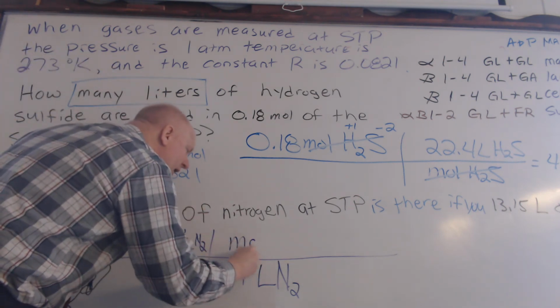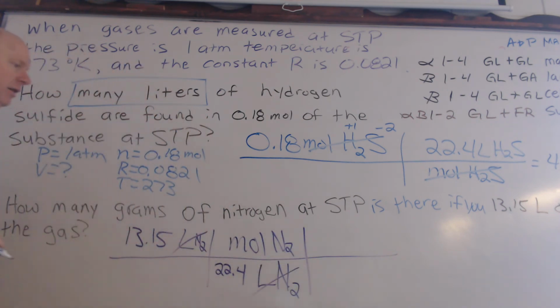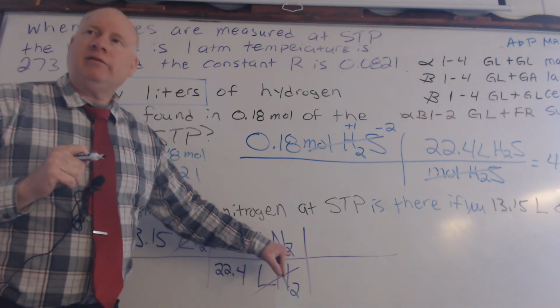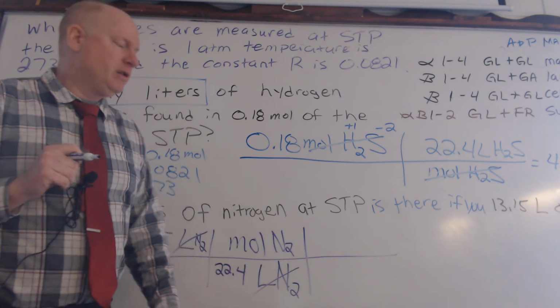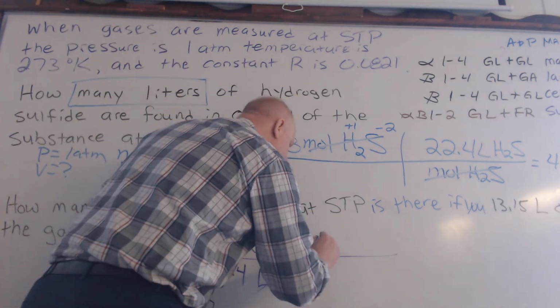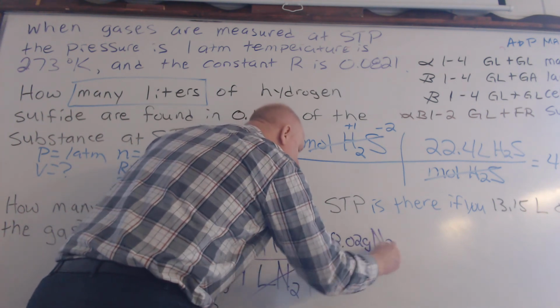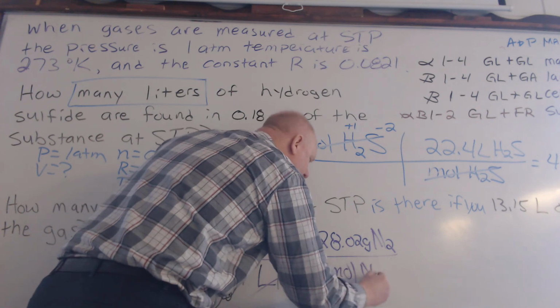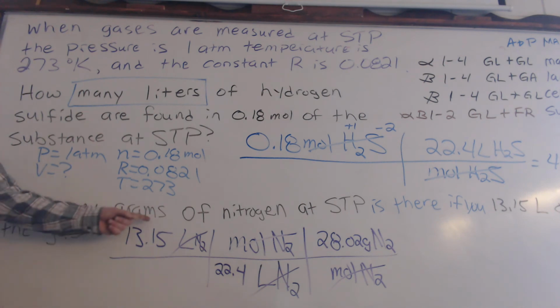And once you get it to this step, can you go from moles of N2 to a mass of N2? Yes, you can. Okay? If you don't carry that 2 there, chances are you're going to put 14.01 instead. These are now gone. You're in grams of nitrogen, and that's what we're looking for.